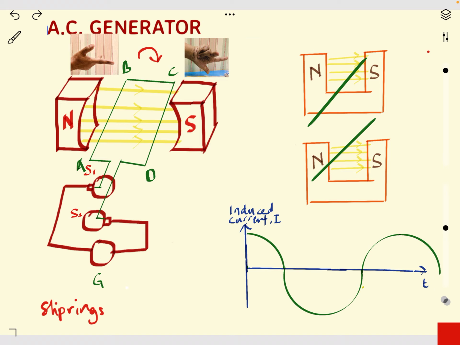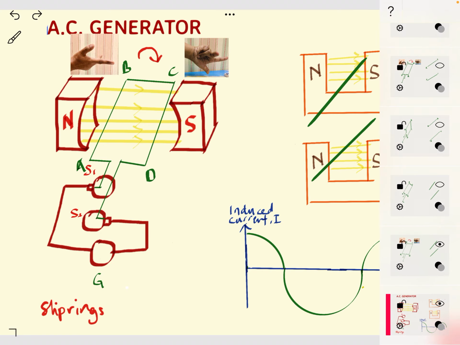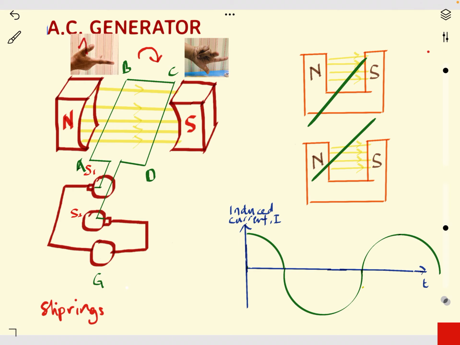Now look at the right hand Fleming rule. Let's say the direction is upward. You can see the direction is upward, the force shown by the thumb.